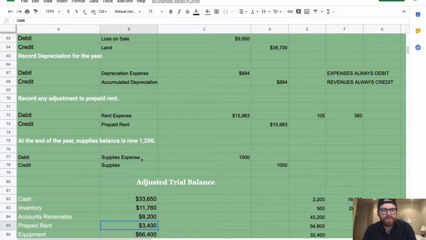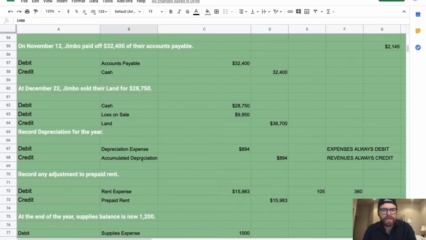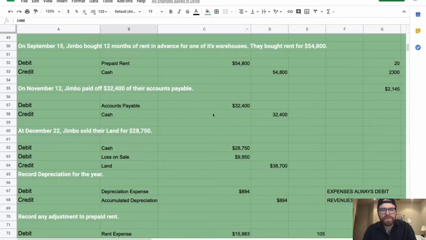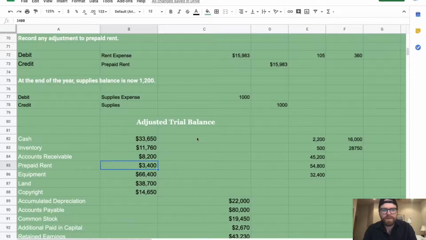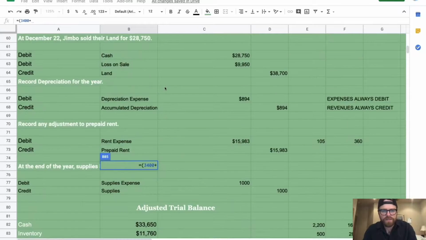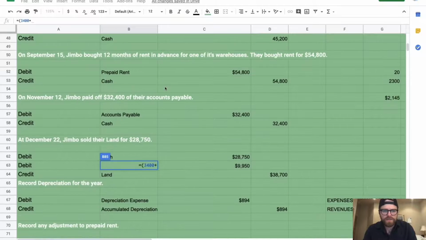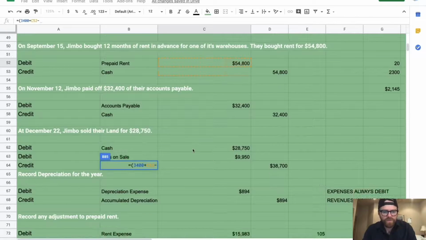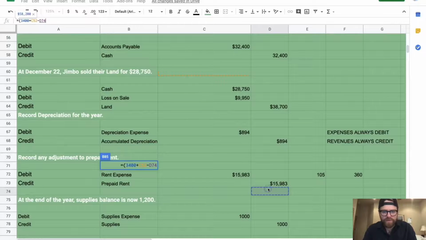Prepaid rent, we did get prepaid rent here. We got it for 54,800. So let's go ahead and do equals plus this number there, minus, there's one more thing, this number. We reduced it because we used up some of that rent.